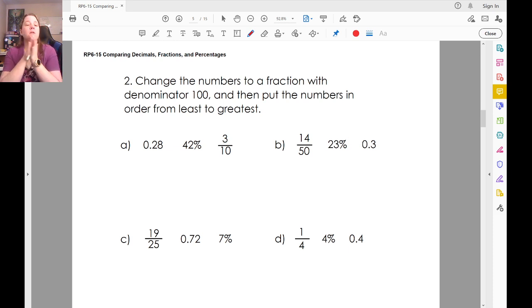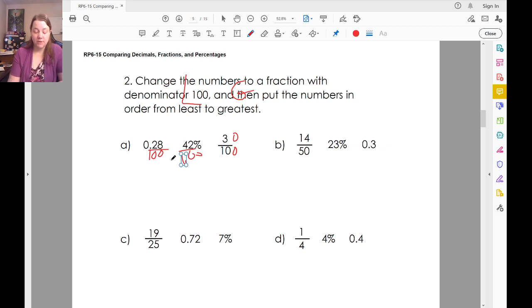Let's go ahead and change the numbers to a fraction with a denominator of 100 for all of these so that we can figure out which one's the biggest and which one's the smallest. So 0.28 becomes 28 over 100. 42% is 42 over 100. 3/10 is the same as 30 over 100.